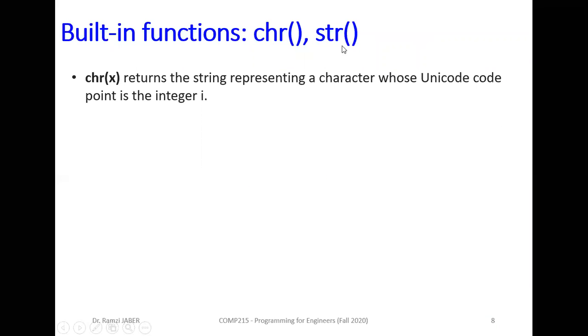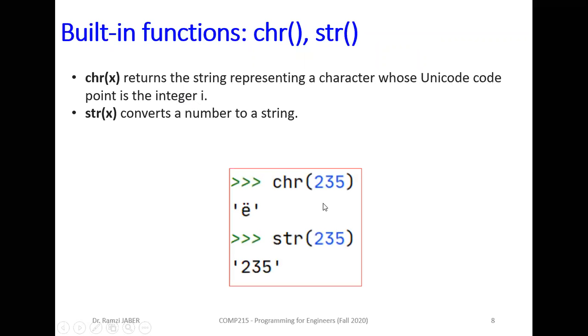chr and str. chr returns a string representing a character whose Unicode code point is the integer i. We'll see an example. str converts a number to a string. Example: if we put chr(235), it will give us the letter e with two dots, the German e umlaut.